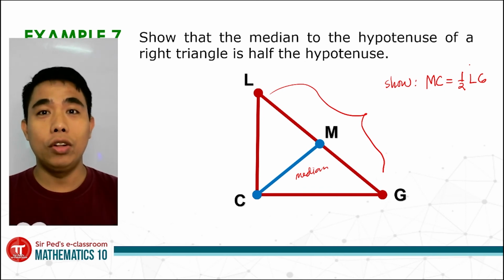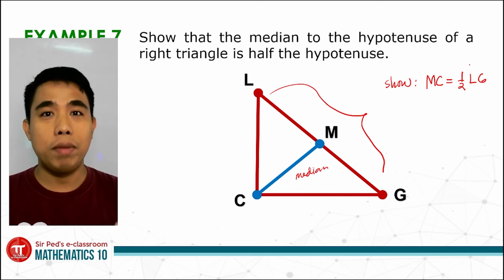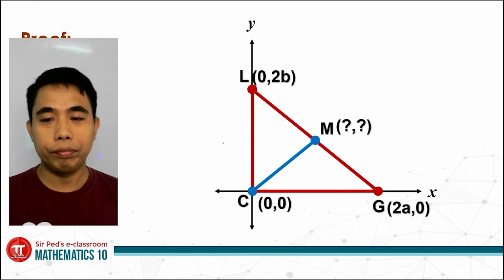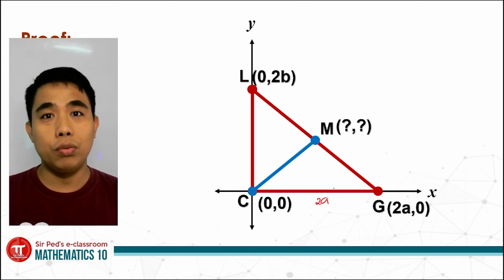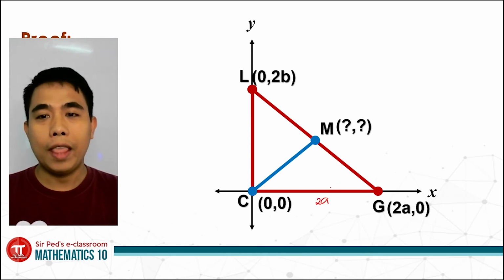So, we learned already na kanina that we can place it, yung two legs niya, along the axis of the Cartesian plane. So, we have this one. By the way, we use multiples of 2 for the lengths of the two legs. The reason? Because we don't want to have a fraction na coordinates.